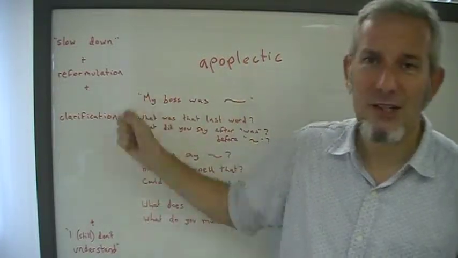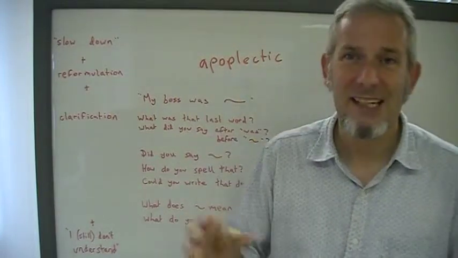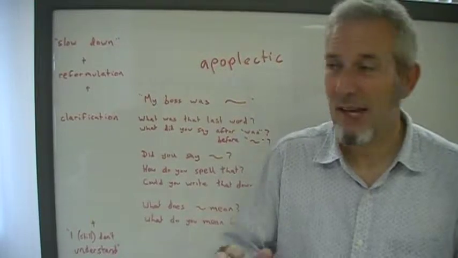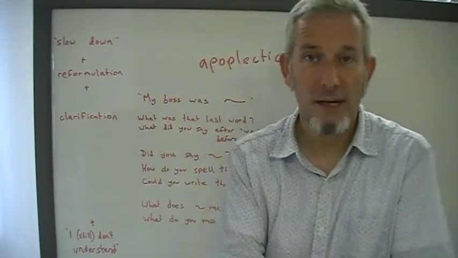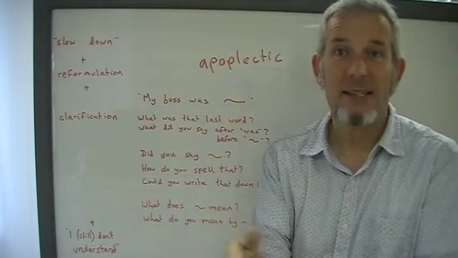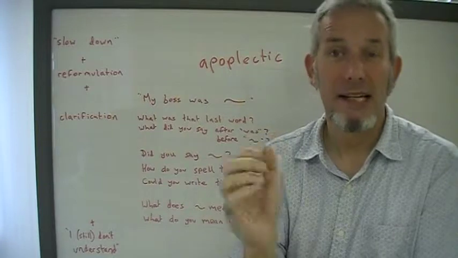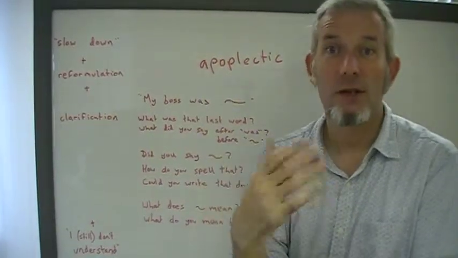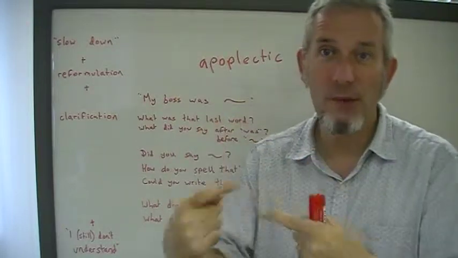So reformulation is a very powerful tool for getting different words. And that's all this is, asking for reformulation. For example, could you say that in a different way? Could you put that in other words? Could you explain that in another way? Or any combination of those.